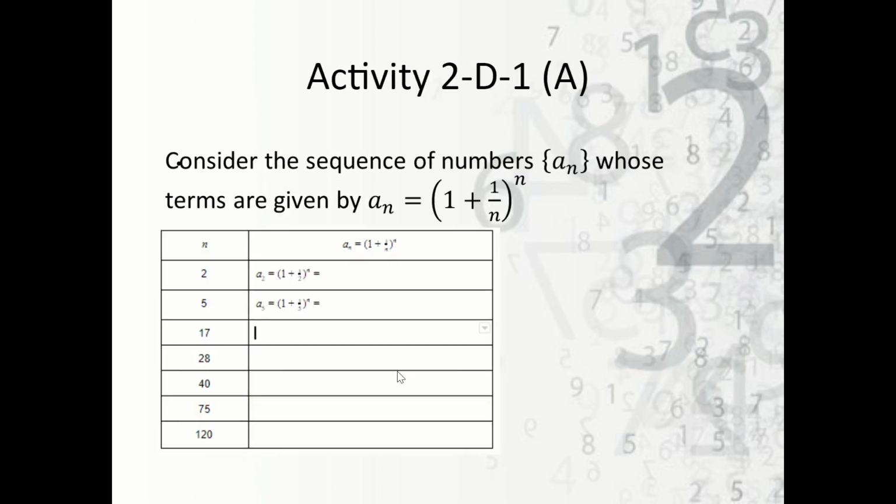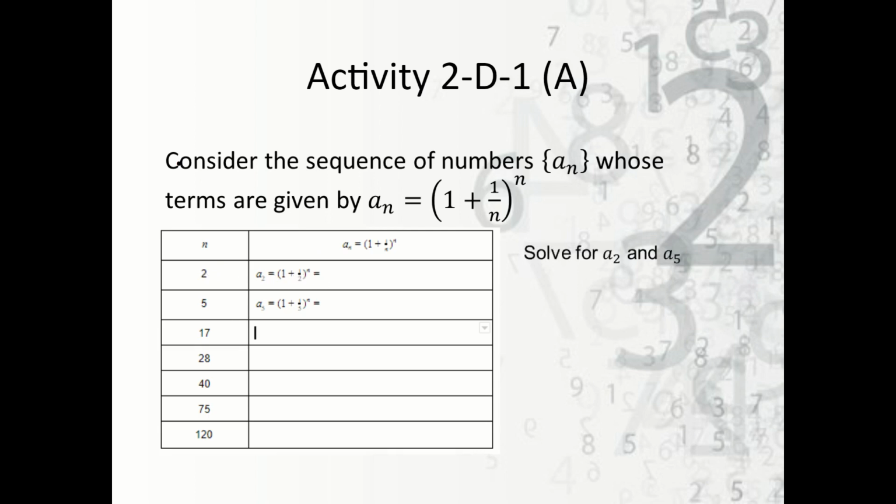Now, how do we do activity 2D1 part A? So the first part says, consider the sequence of numbers a sub n, whose terms are given by a sub n equals (1 plus 1 over n) to the n power. So in this case, we're told what numbers to start with. So we have n being 2.